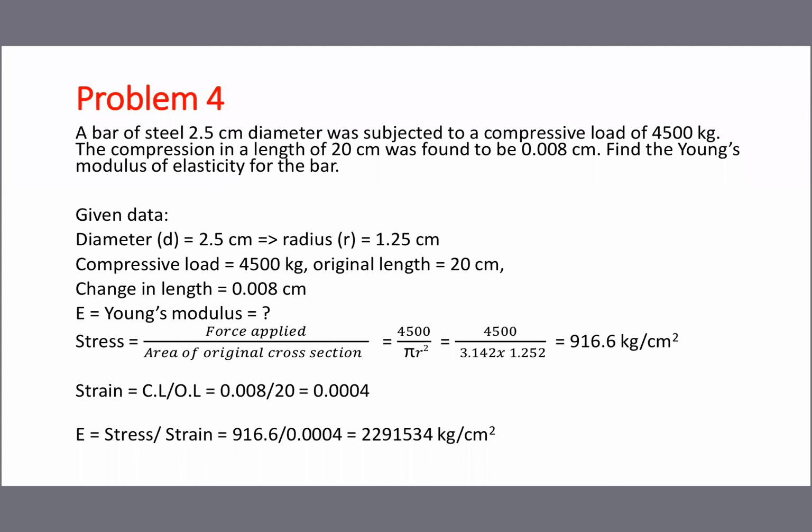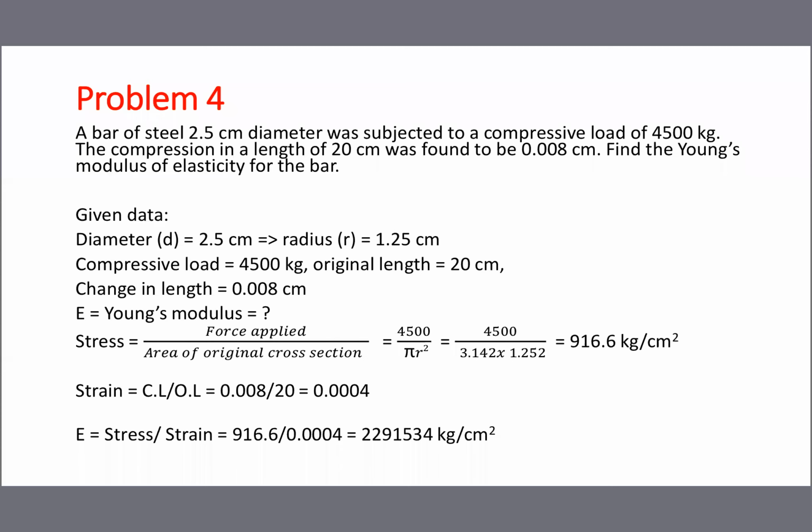Then apply the formula. E is equal to stress divided by strain. Stress value in the numerator, strain value in the denominator. Divide the value, you will get some number. So unit is kg per centimeter square. Already studied, strain has no unit, so stress unit and Young's modulus unit are the same.